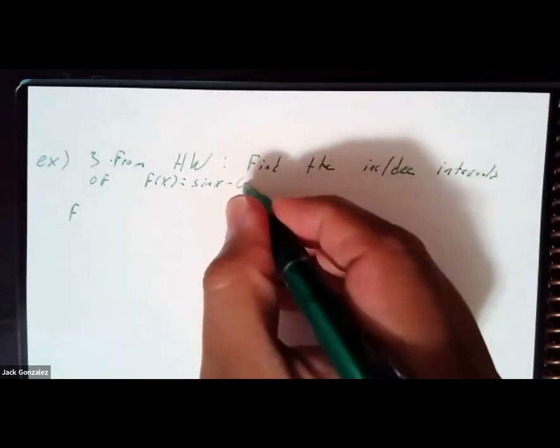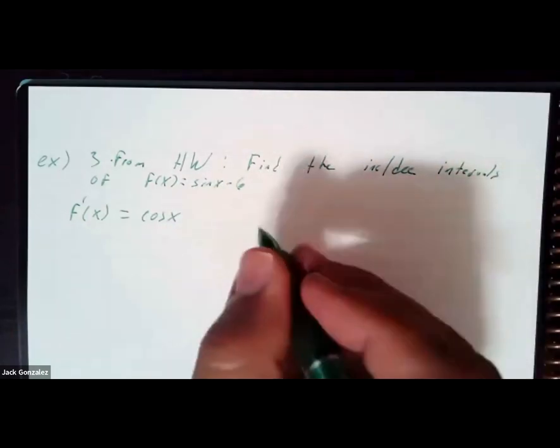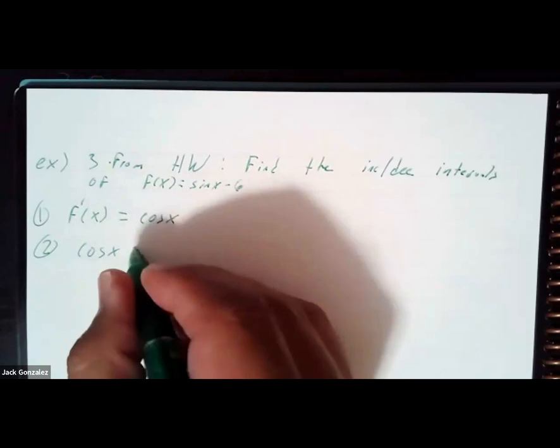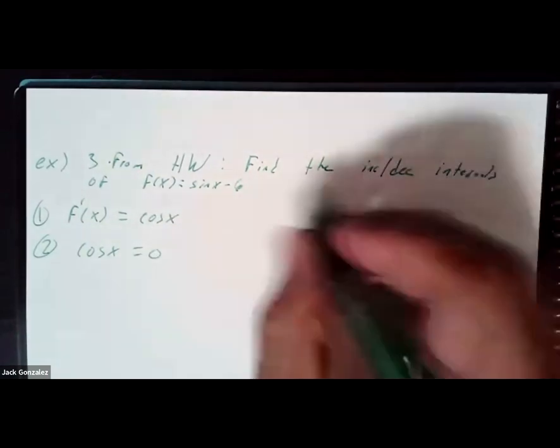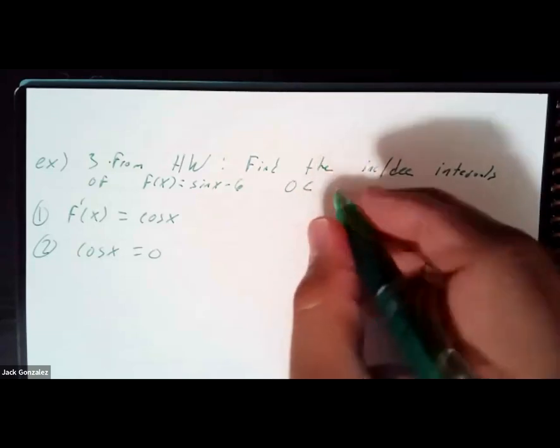Minus 7. Thank you. The derivative will be cosine x, right? The first step is find the derivative. This is number 1. Number 2 is you set it to 0. We got to put the little interval here.